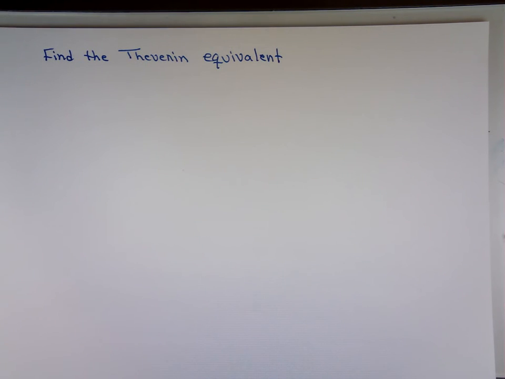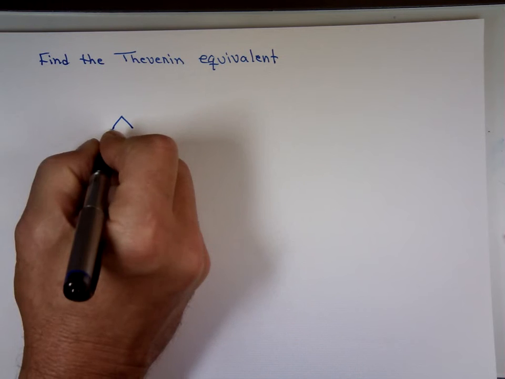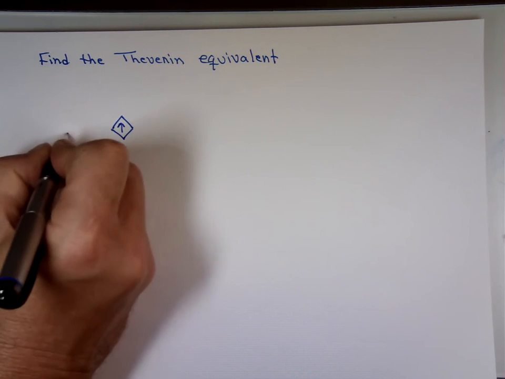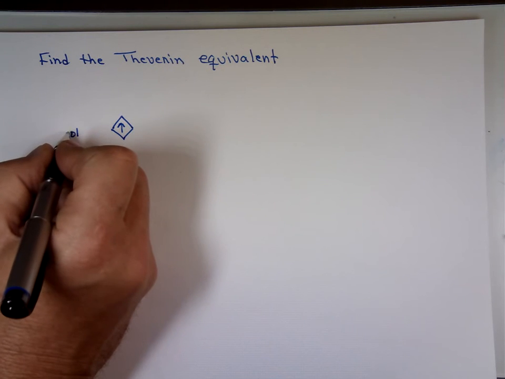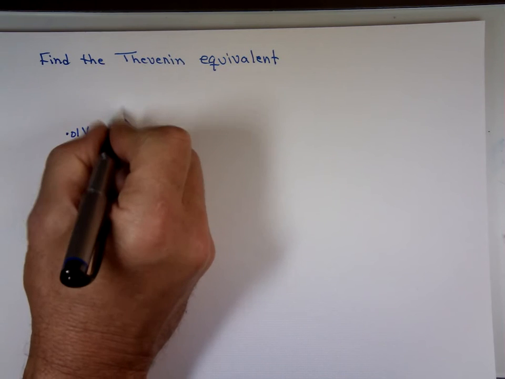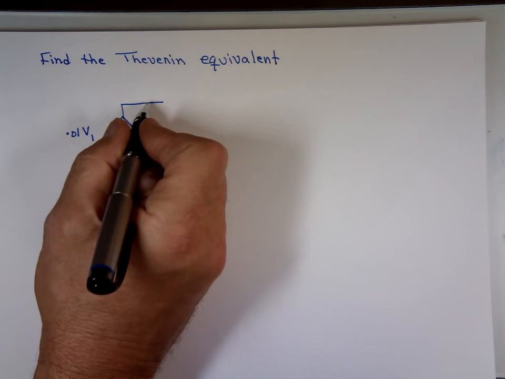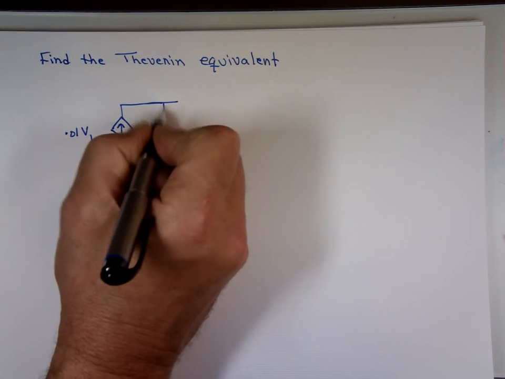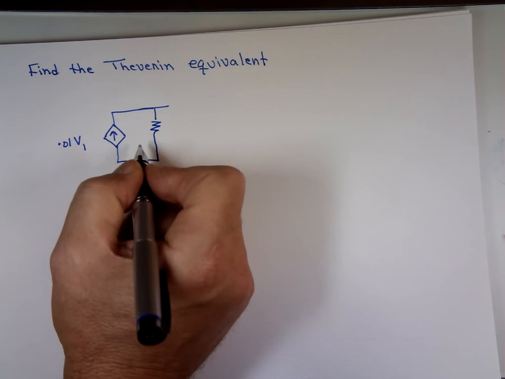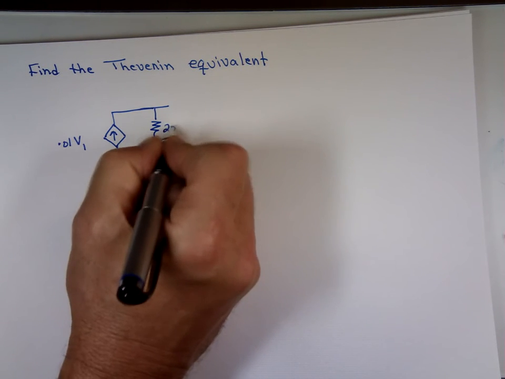And here's my circuit. 0.01 times V1, it's a current source. Oh, I see where V1 is. This is 20K.